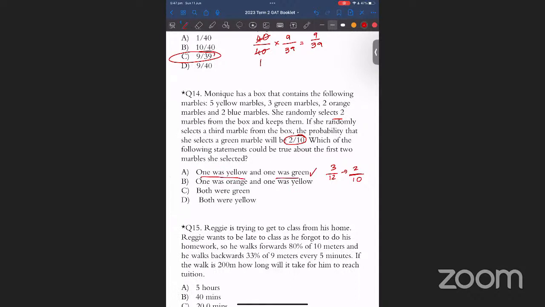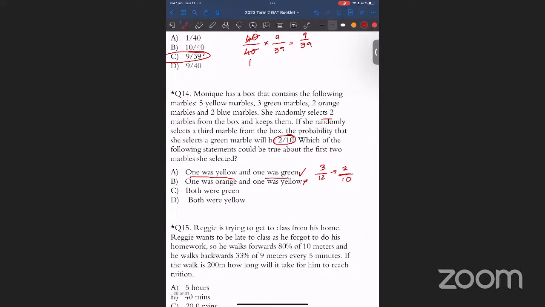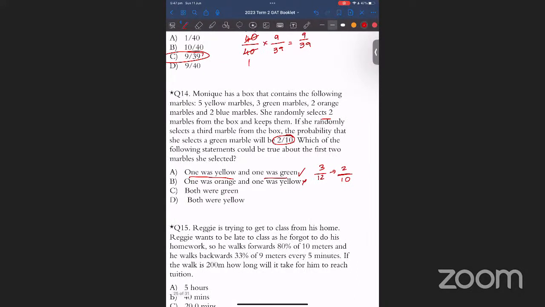One was orange, one was yellow. This is incorrect. Because if this was true, then the probability of picking a green wouldn't be 2 out of 10. It'd be 3 out of 10 because all 3 green marbles would be left behind. Do you guys understand? Both are green.